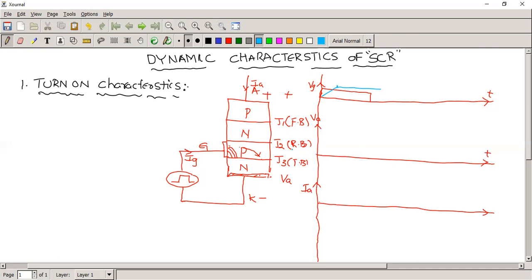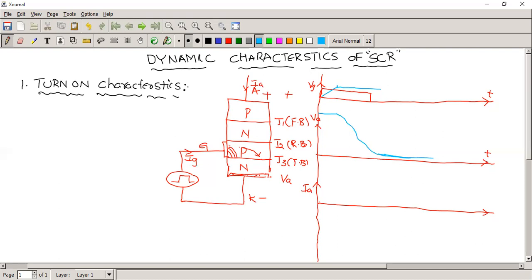Now come to the anode voltage. Initially, the anode voltage is rated voltage because the switch is in off state. When the device is on, it decreases and slowly comes to the on state voltage drop. This is the on state voltage drop.